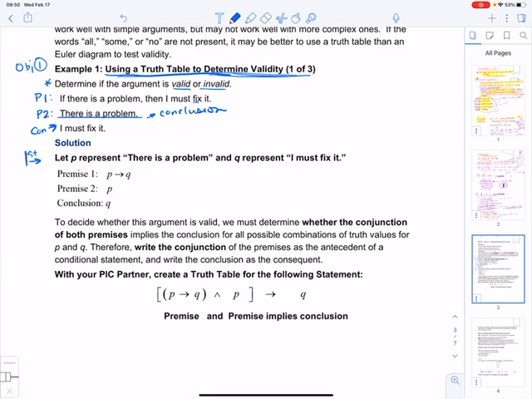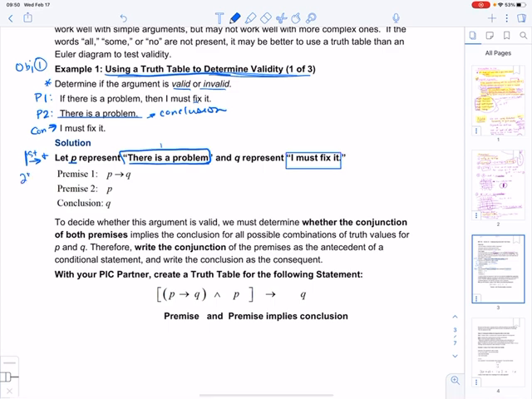So first, you figure out premise 1 and premise 2, and then you let P represent there's a problem in the first premise, which is the if. It comes after the if. And then Q represents what comes after the then, I must fix it.